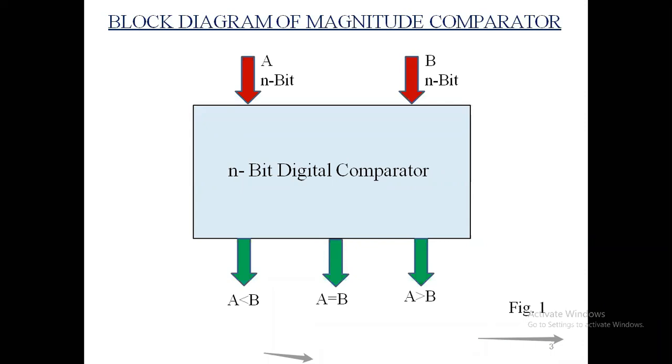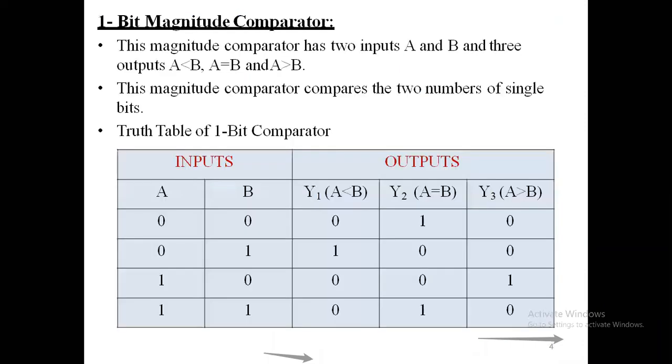Whereas if you take a 4 bit comparator, A value 4 bits and B value 4 bits, it requires 4 plus 4, 8, and 2 power 8 combinations, which is 256.